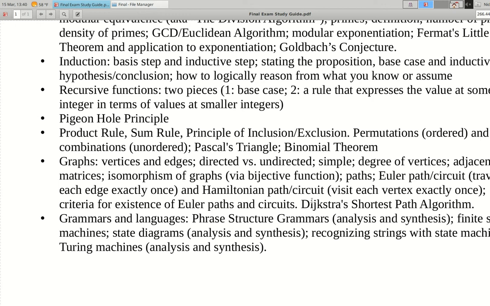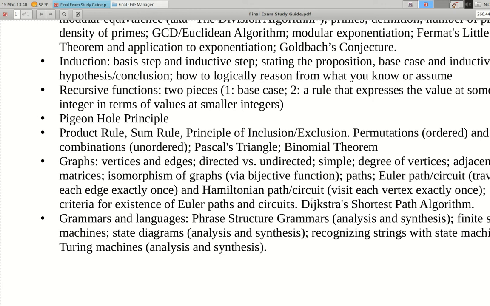So remember, most of this is about production rules. So we have a start symbol. We have a set of terminal symbols, let's say 0 and 1.